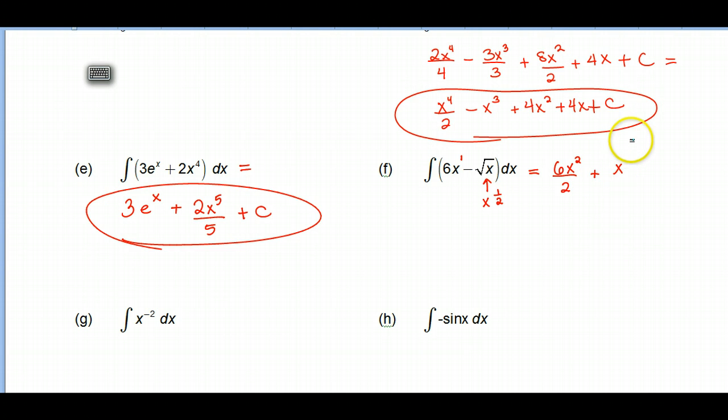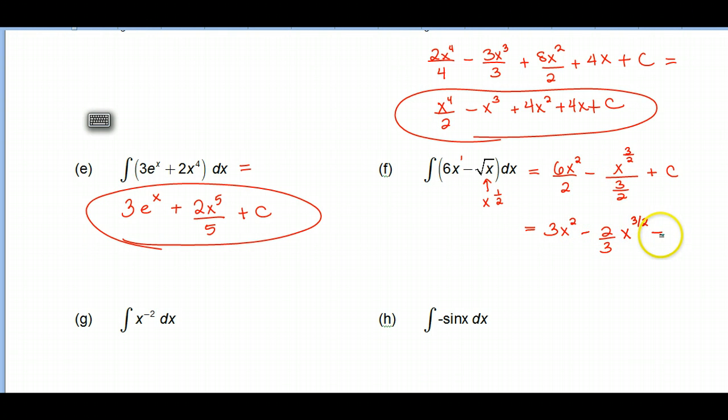And then if I take half and add 1, it becomes 1.5, or 3 halves. Over 3 halves. So we get 3x squared plus, well, that's just the reciprocal, right, when we divide by 3 halves. Yeah, it's minus. Oh, I forgot my minus. X to the 3 halves plus c.